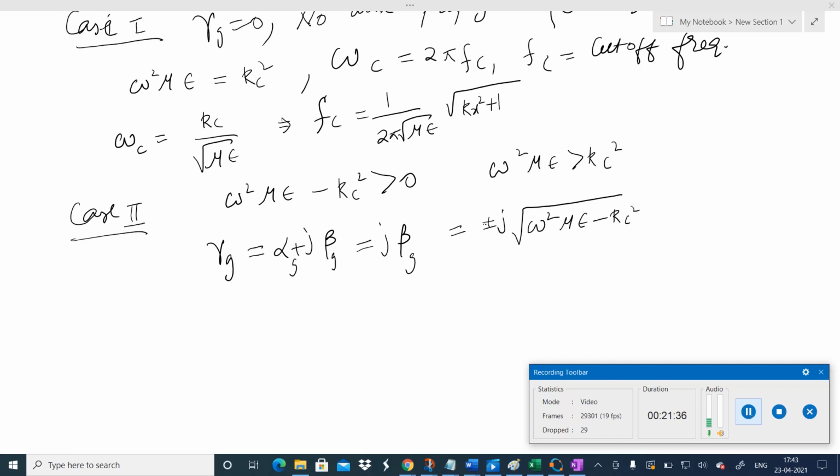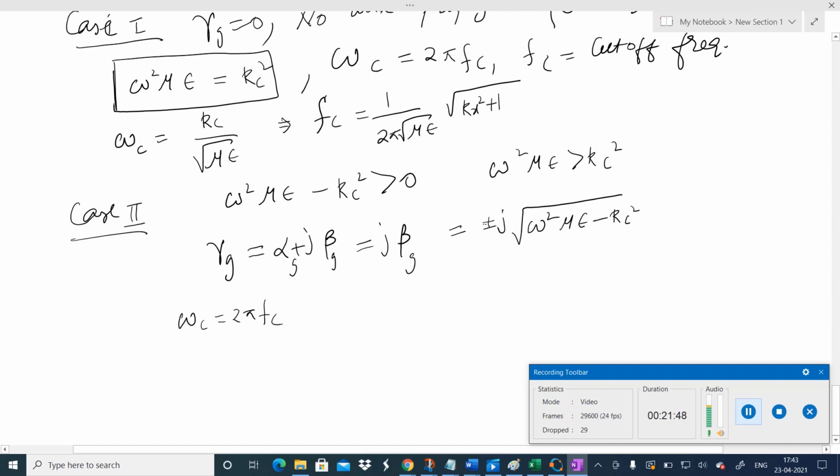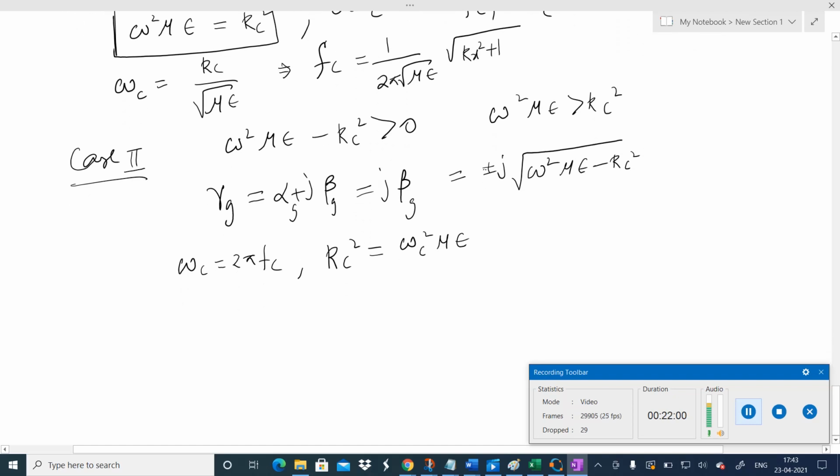Now what is this kc? If you see, the kc is related to the cutoff frequency of case 1. If omega c, which is 2 pi fc, is the cutoff angular frequency, then kc square is equal to omega c square mu epsilon. So kc corresponds to, that is the reason we call it kc, the cutoff frequency omega c.